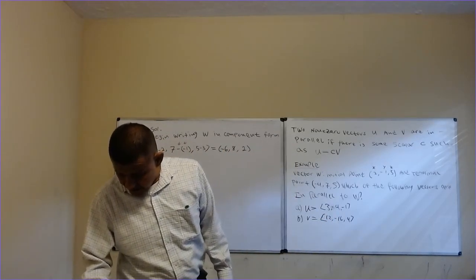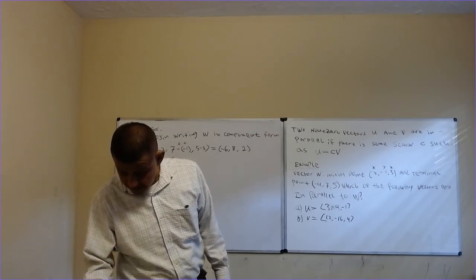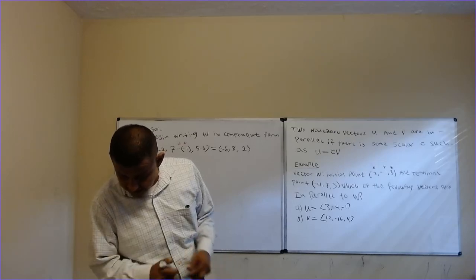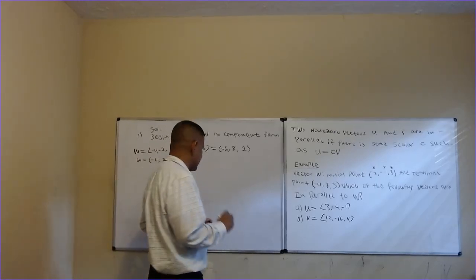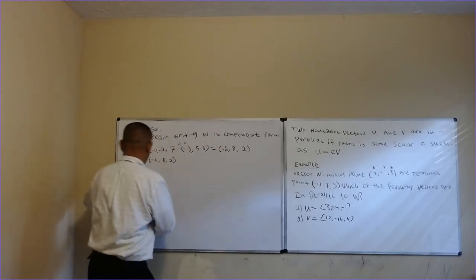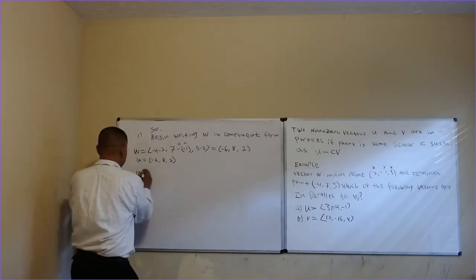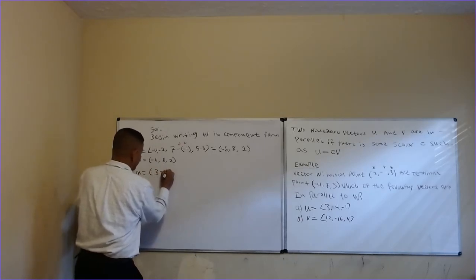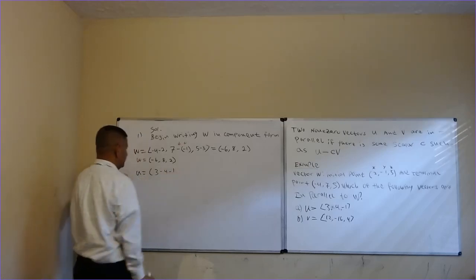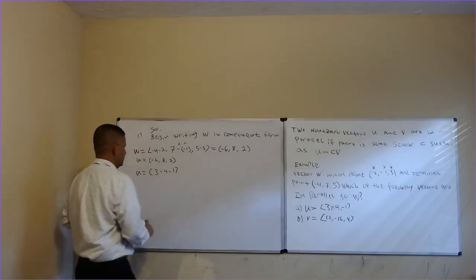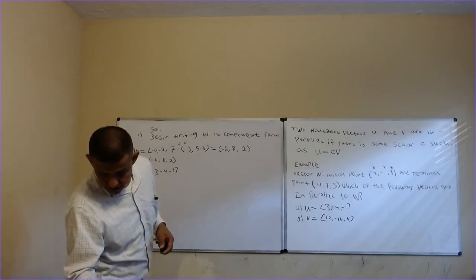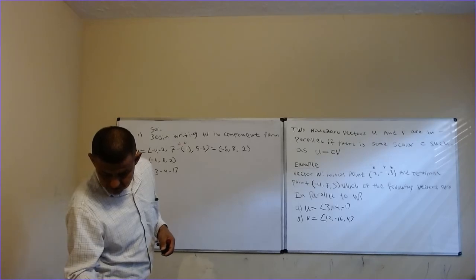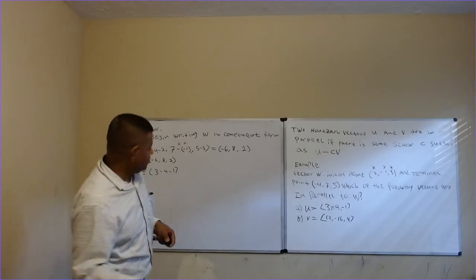Then, with that being said, okay, let's go with U first. U is equal to 3, negative 4, negative 1. Okay, I want to make sure that I get the brackets right the way that they have it.